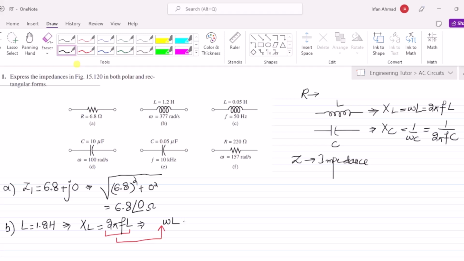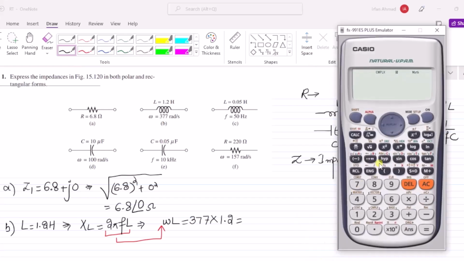So omega L is the XL, and the value of omega is 377 radians per second, multiplied with L, and the value of L is 1.2.